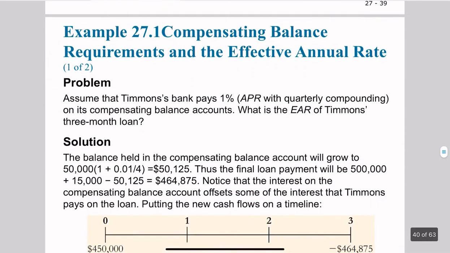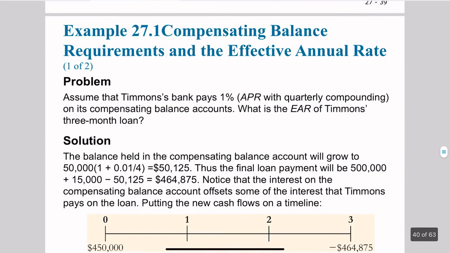Okay, let's see this very simple question here. So assume Timmins Bank actually pays 1% on its compensating balance account. So we assume here this 1% is an APR with quarterly compounding, which means the per quarter interest rate should be 0.25%.